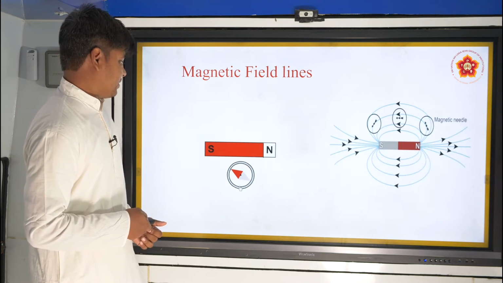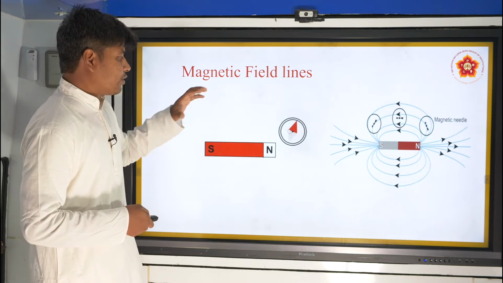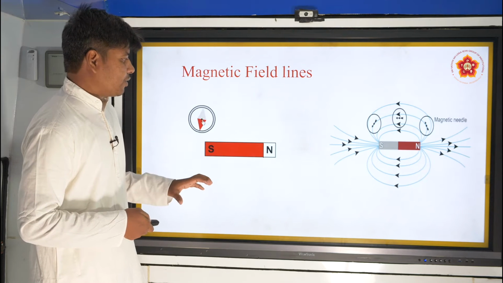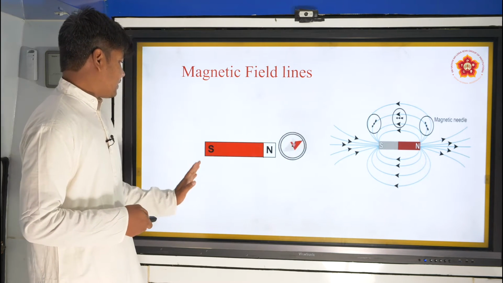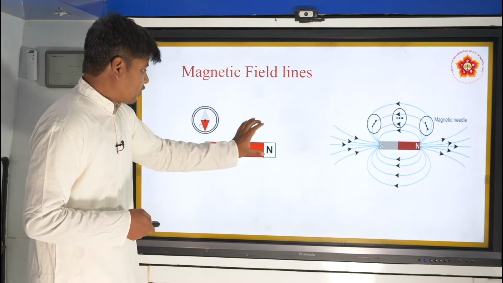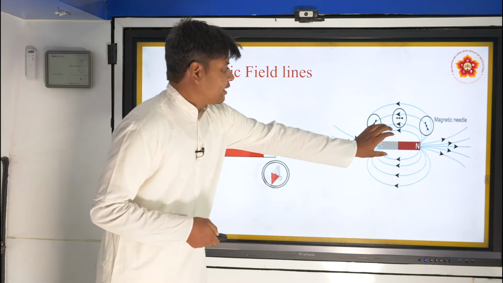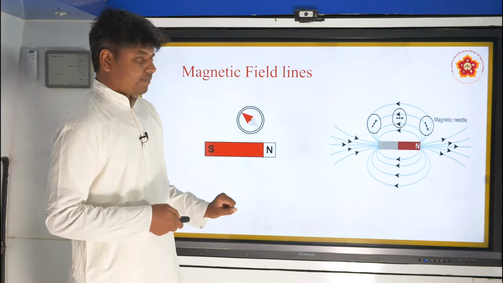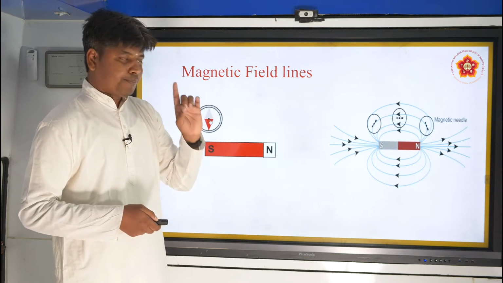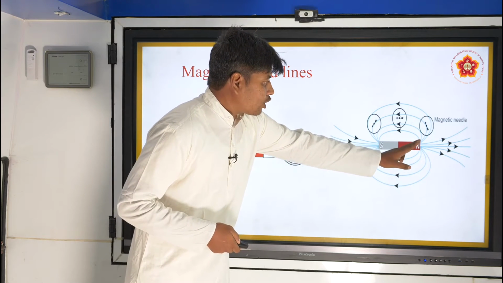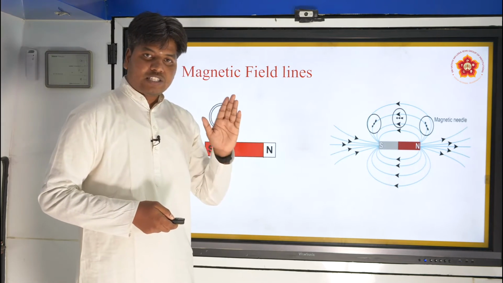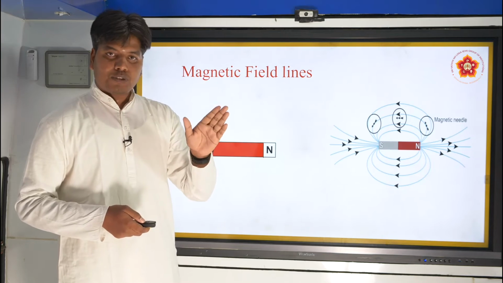Magnetic field lines. See, this is an experiment we are doing now. We are placing a magnet with the north pole on one side and the south pole on the other side. Take a compass and drag it around. While dragging, the point to be noted is that the compass needle always points to the north pole.